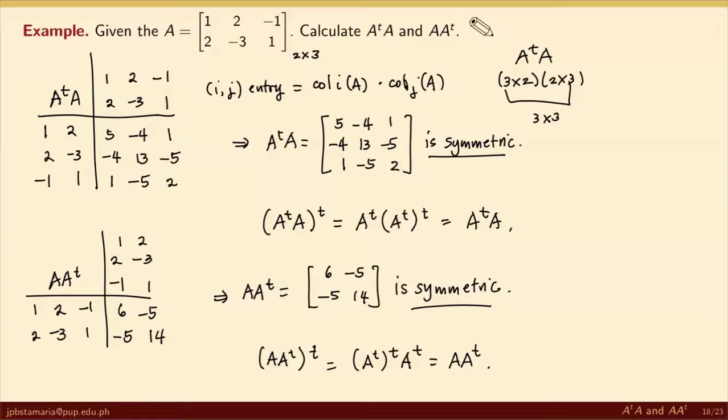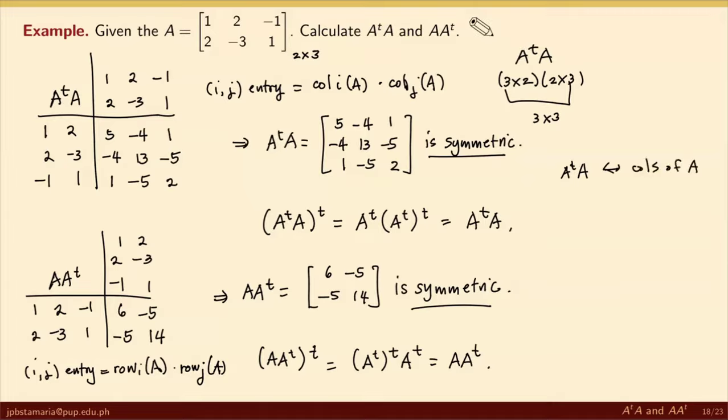And on the second product, ito naman ang ino-operate natin, and they are now the rows of A. Kaya nga yung ij entry mo dito naman, notice that it is the row I of A dot the row J of A. So basically, pinapakialaman naman natin yung rows ni A, sa una, yung columns ni A. So tandaan niyo ito, yung A transpose A has something to do with the columns of A.